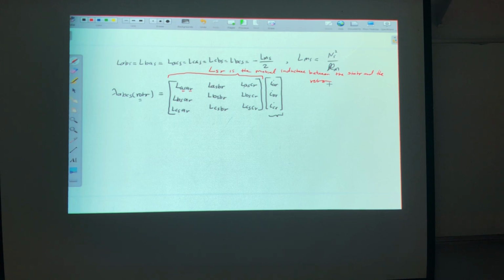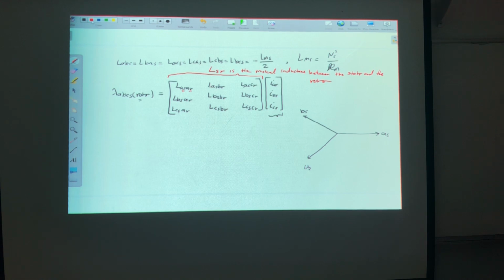Good. So now let's see. Simply here I'm discussing the coupling between a fixed frame and a rotating frame. Correct? So let's assume that this is the AS, this is the BS, and this is the CS.